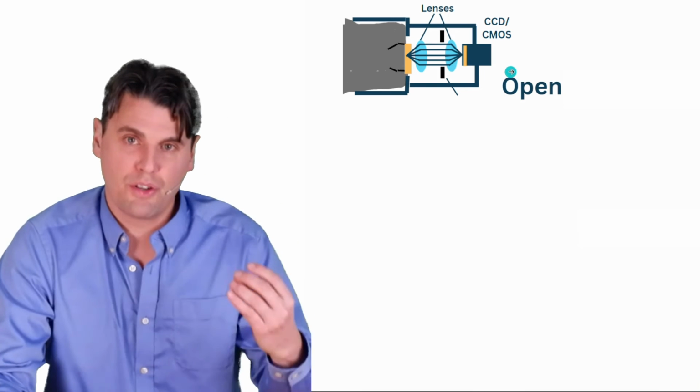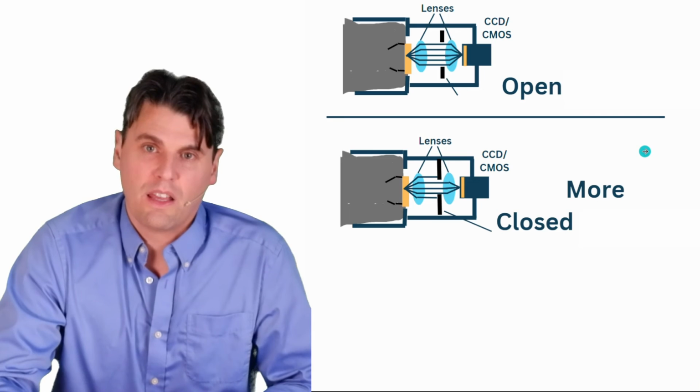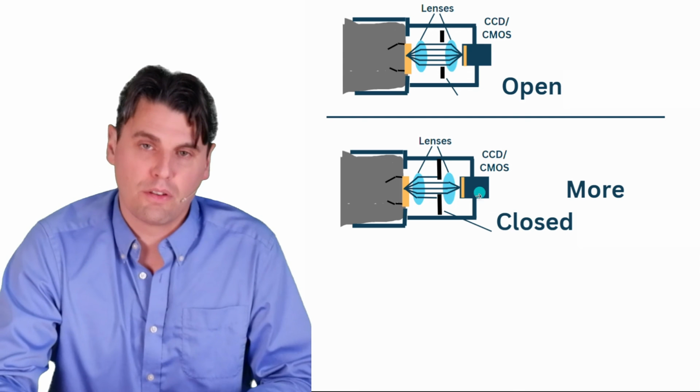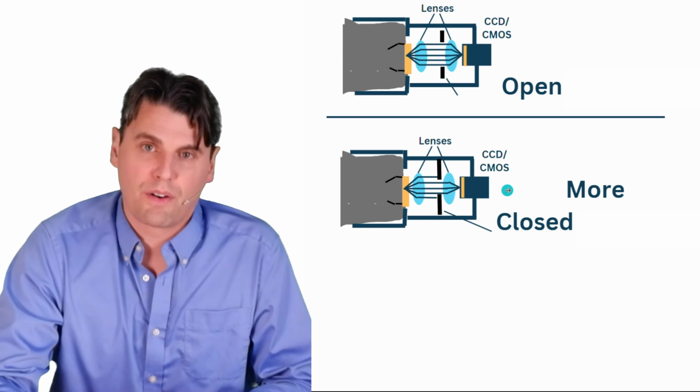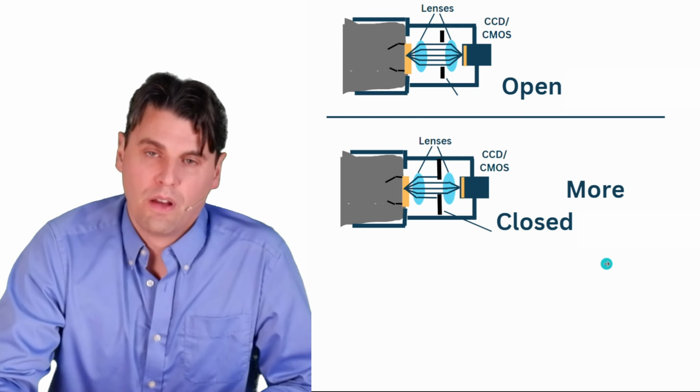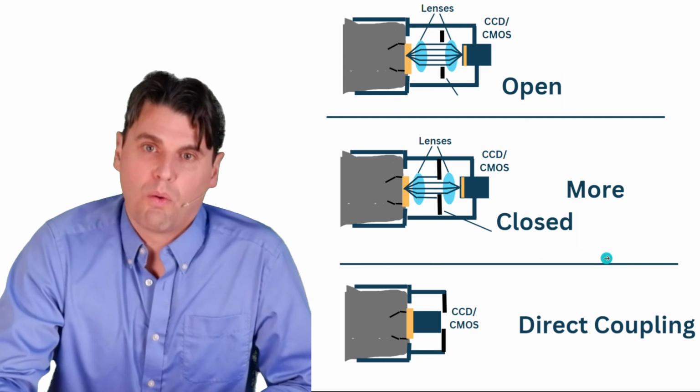If you want to reduce the light which is getting there, you can actually just close the aperture some, and this will help reduce the actual illumination such that you wouldn't oversaturate the sensor. And then in some scenarios, it's even possible to perform the imaging with a direct coupling so that you wouldn't actually have this aperture at all.